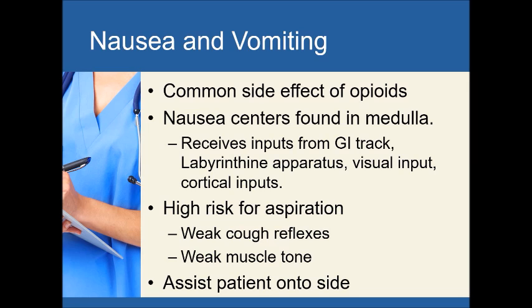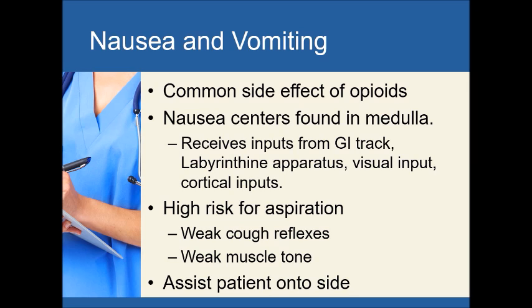Again, patients who are post-op might be lethargic, obtunded, because of the anesthetics and analgesics that were given during the operation, and this will inhibit their cough and gag reflex. So this puts them at a higher risk for developing aspiration pneumonia.